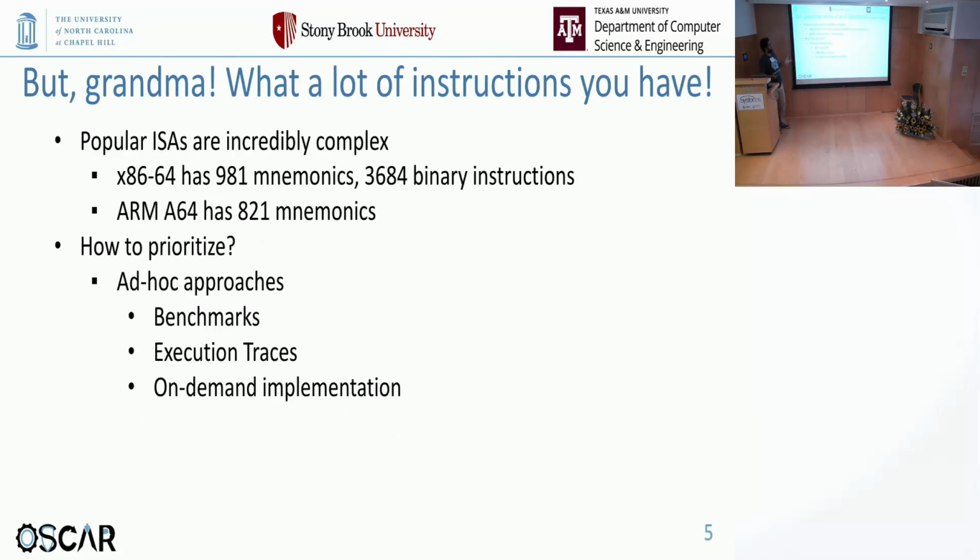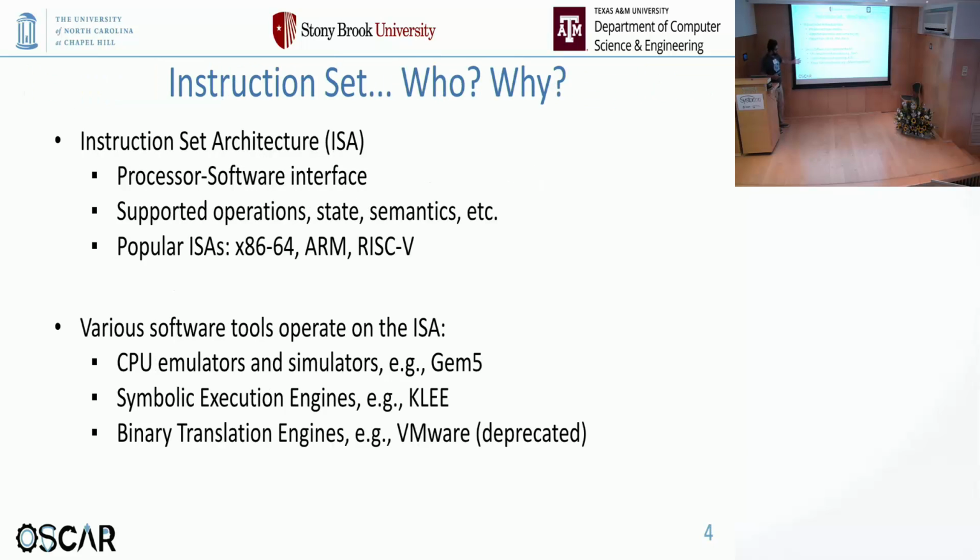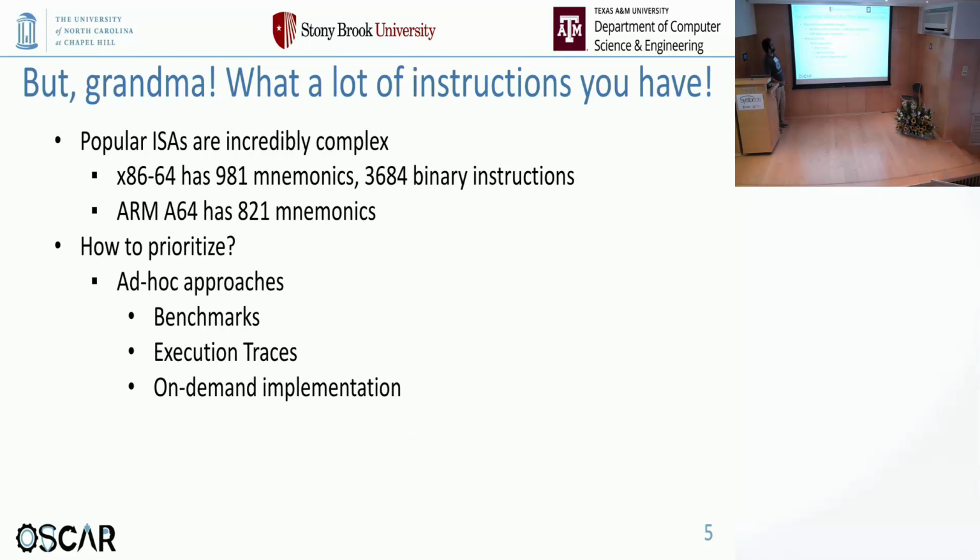So, what is the actual problem when you're trying to implement one of these? What do you face? Well, a lot of the ISAs that are popular today are incredibly complex. For example, x86-64 has 981 mnemonics. Mnemonics are what we typically think of when we think of instructions. Something like add is a mnemonic.